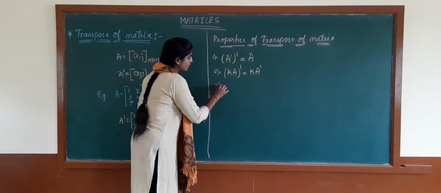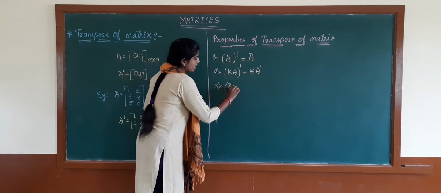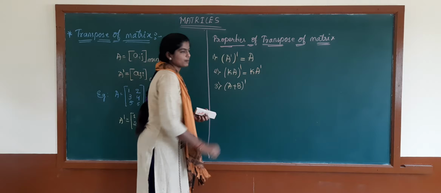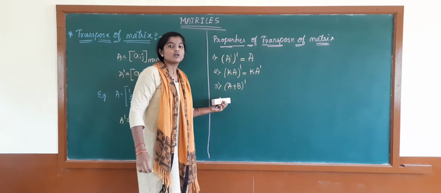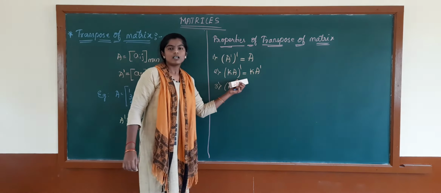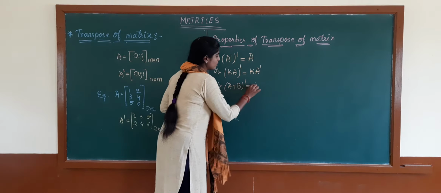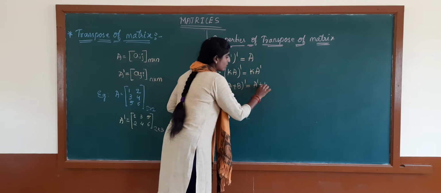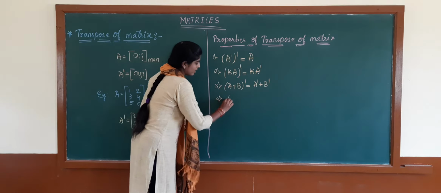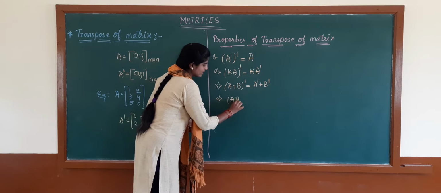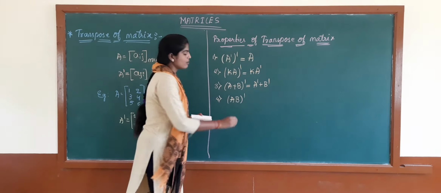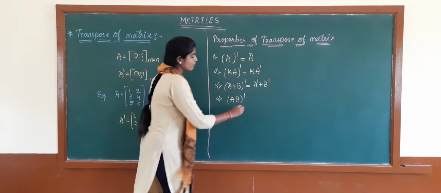Then the third property is A plus B transpose. If you add the two matrices and take the transpose of that matrix, it must be equal to the sum of the transposes of those two matrices. Similarly, in matrix multiplication, that is A into B transpose, we have B transpose into A transpose.